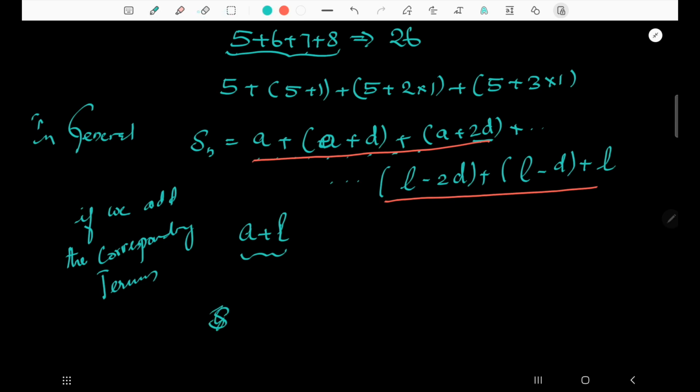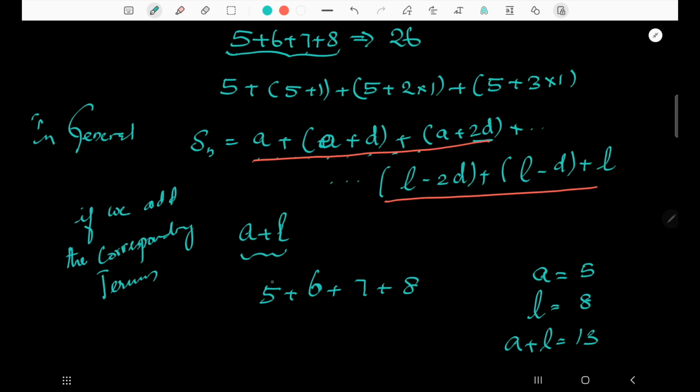Let us see. Say we have 5 plus 6 plus 7 plus 8. What is A? A is 5. What is L? Last term is 8. The total A plus L equals 5 plus 8 is 13, right?